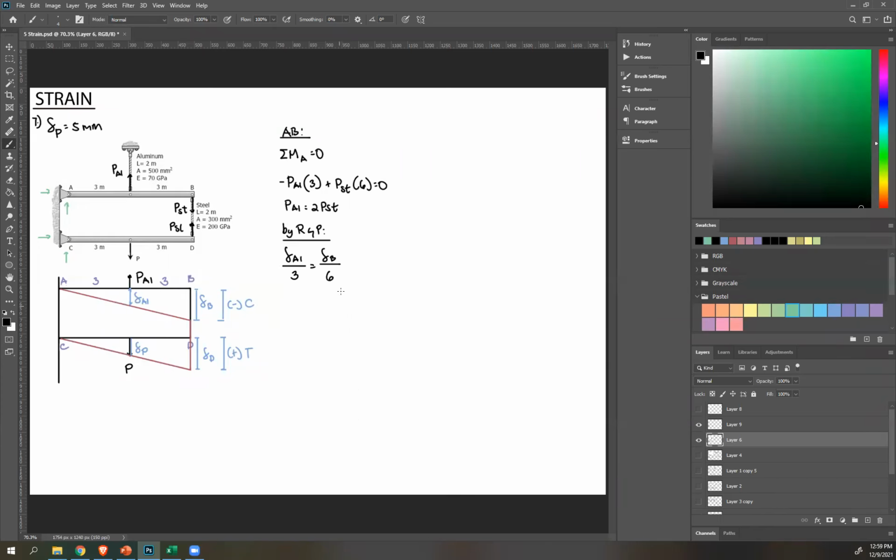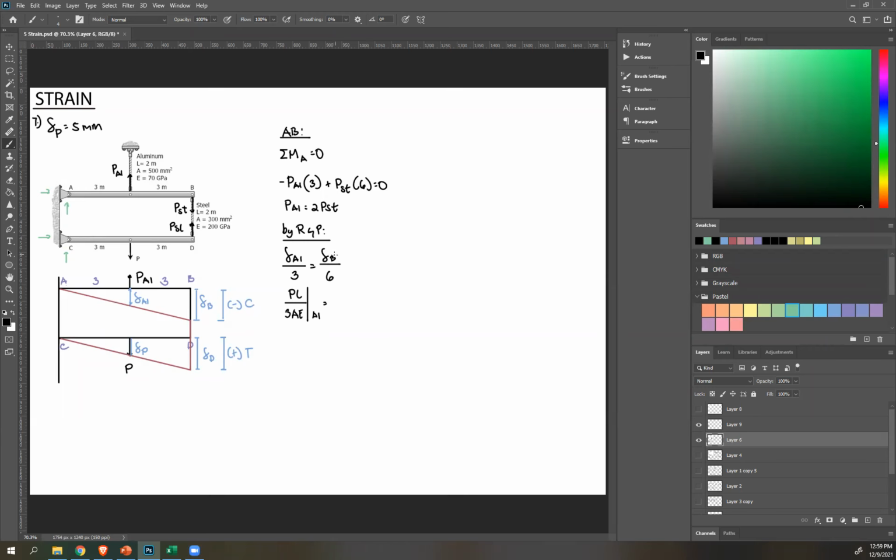Okay, and then what we do there is, aluminum is an actual material, so you can rewrite that as PL over AE. So PL over 3 AE for aluminum equals, so this is just delta B. That's point B, that's not the actual deformation of steel.